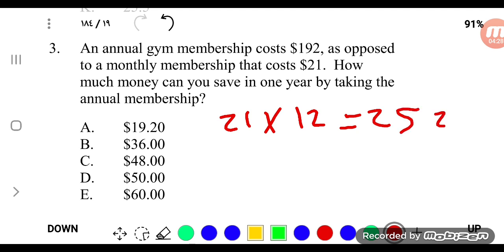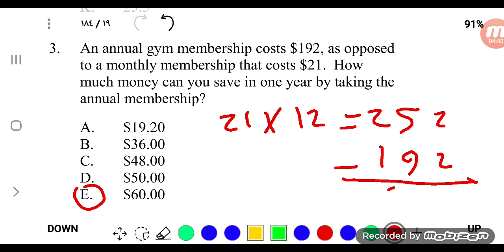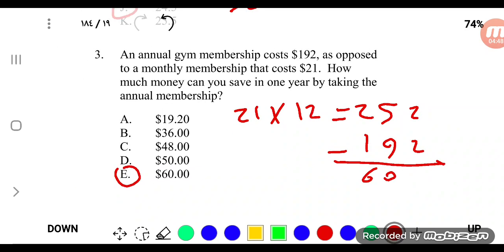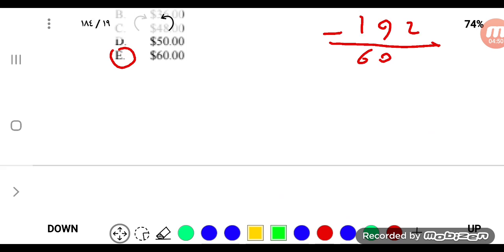Then you subtract 192. So you get 60. Option D is the answer. You can save 60 when you take the annual membership instead of the monthly membership.